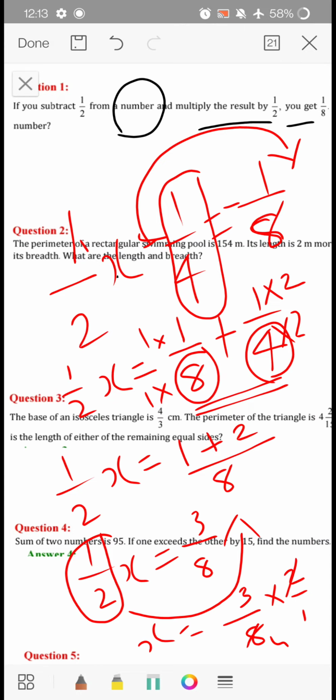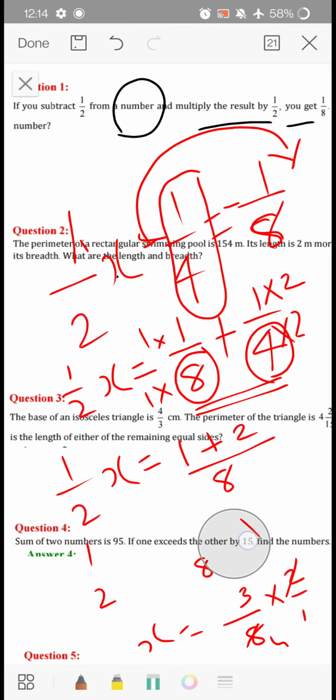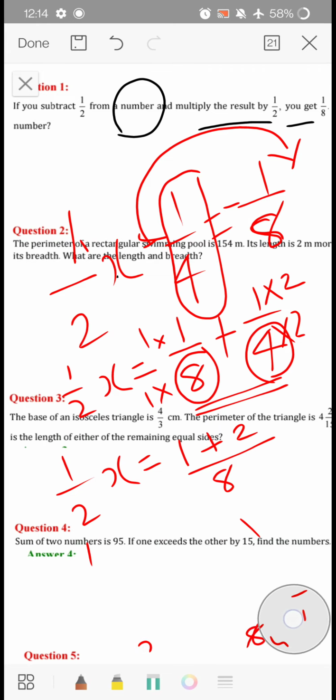Directly also you can do that, but if you are getting confused, then you can follow this method. Make sure you do not take the reciprocal of 3 and 8. 1 upon 2 you are transposing, so you will take the reciprocal of 1 upon 2. That is, 2 is in the denominator so it will be in the numerator, and 1 is in the numerator so it will be in the denominator. So this is how you will solve this question.